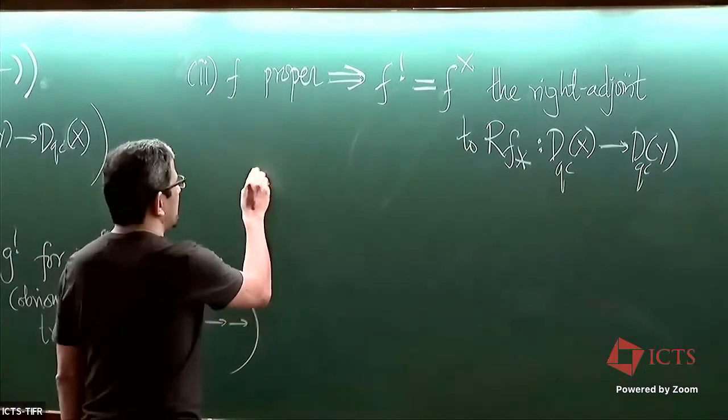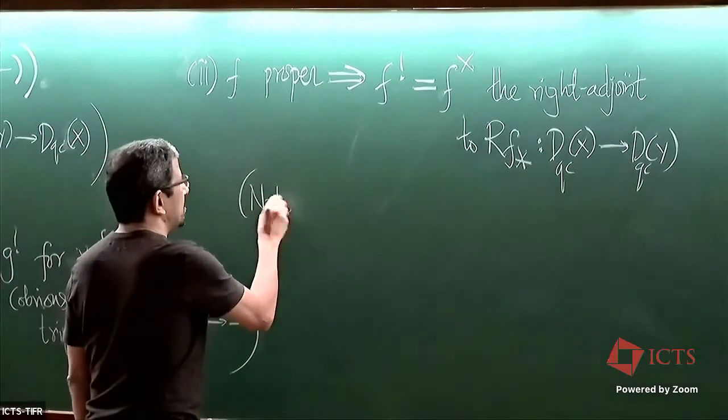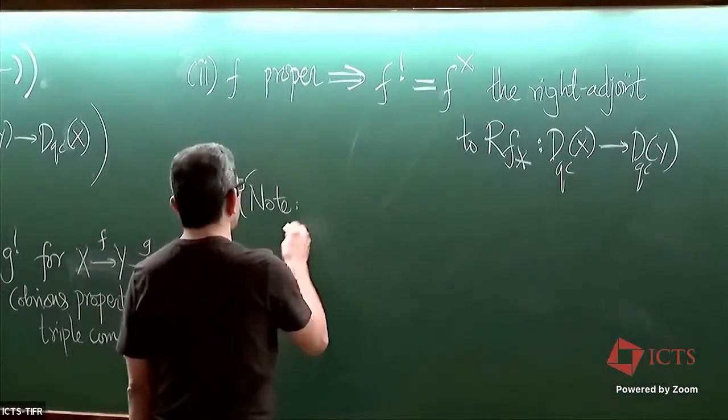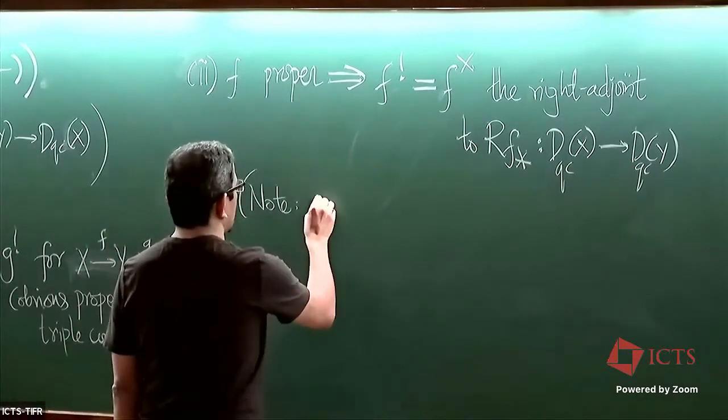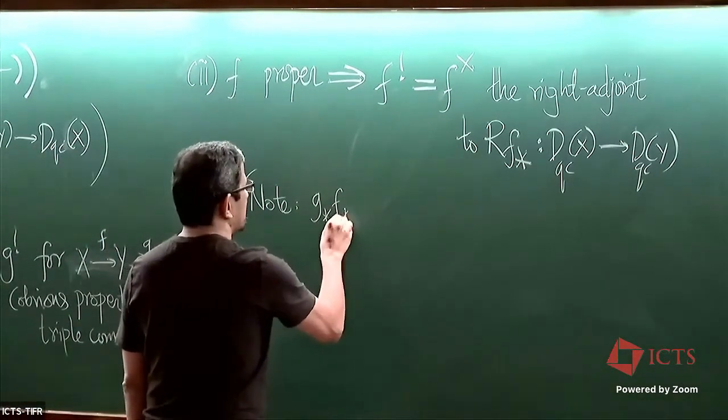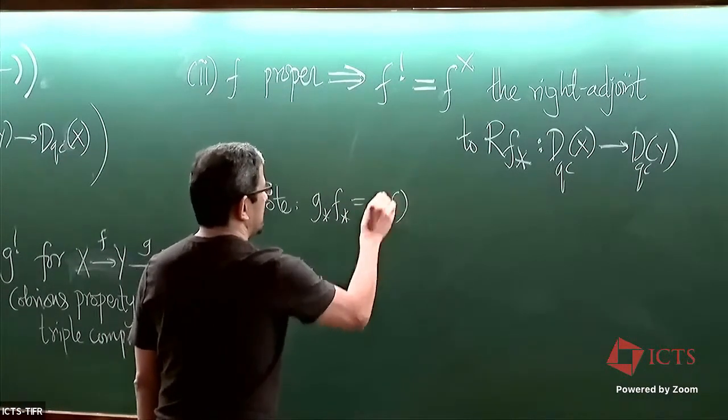Here I should very briefly mention that if you have two maps, F and G like this, then G lower star, F lower star is GF lower star.